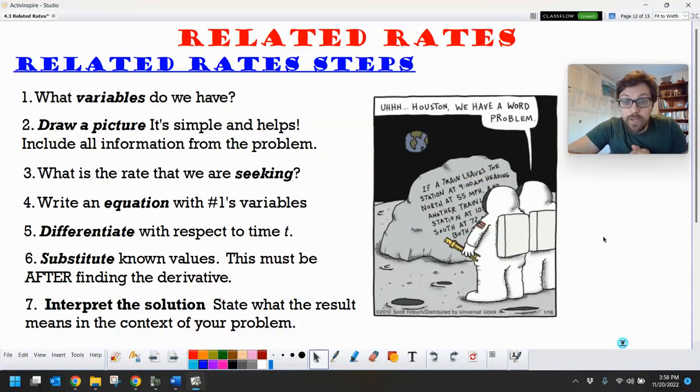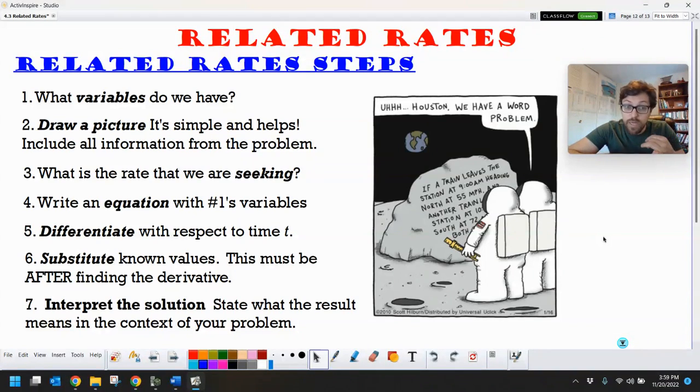Thus is the end of our video on related rates. Keep in mind these 7 steps in order to work through a related rates problem. First, identify what variables you have. Take the time to draw a picture. It really helps organize that information in a way that you can easily tell what's going on and interpret what's happening. Decide what is the rate that you are seeking. What are you trying to find?